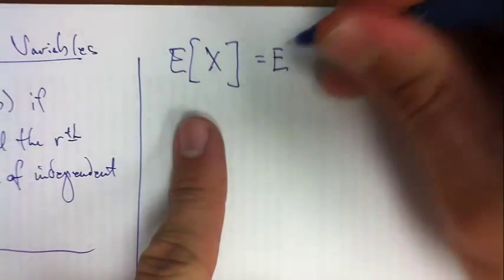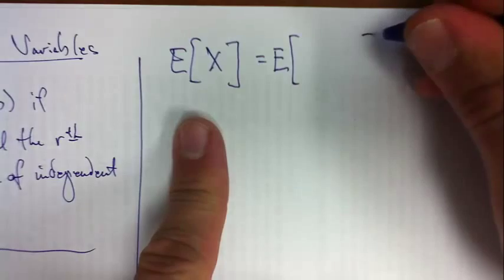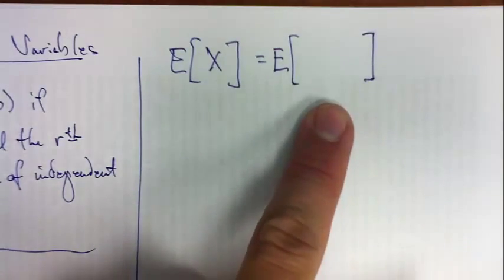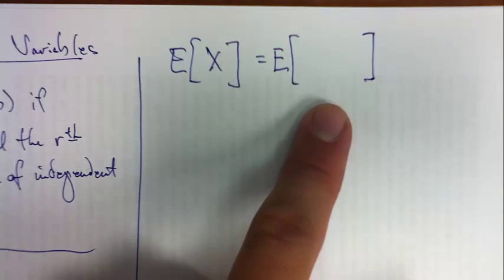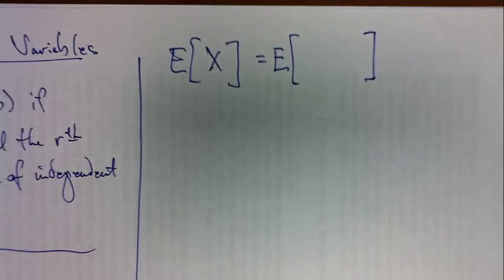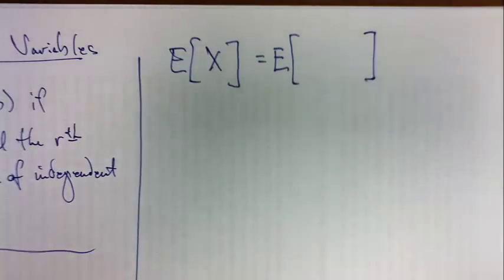Well, there's an easier way to express that negative binomial random variable. Note that the time until the rth success is like looking at r geometric random variables back to back, right?